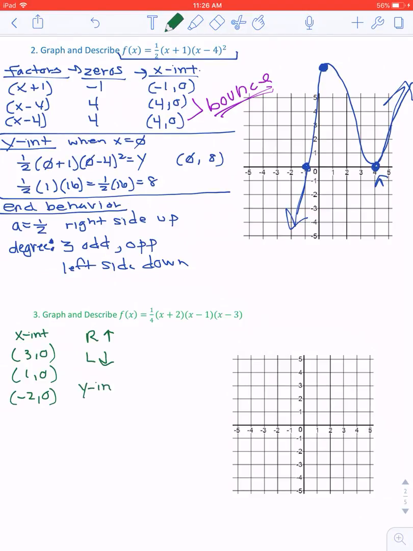You should have a y-intercept at 0, 1.5. There are no bounces, so you're going to make a smooth transition through those.